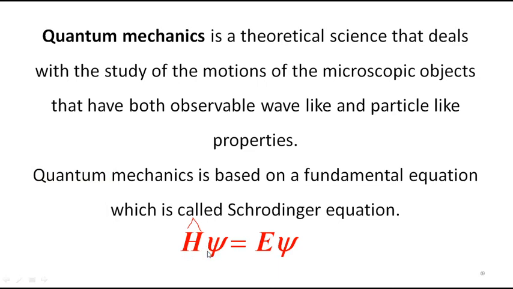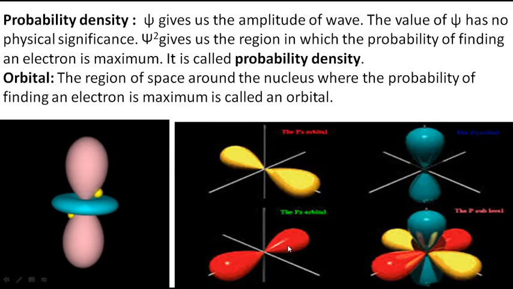So any operator operating on psi would be equal to energy multiplied by psi. Psi is the wave function, or the amplitude of the wave. This is the relationship given by the Schrödinger equation.